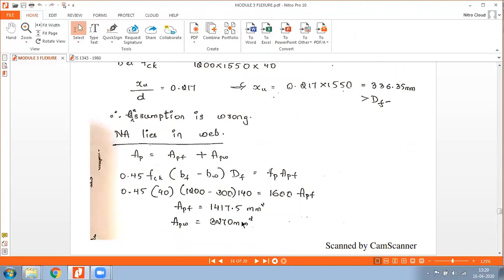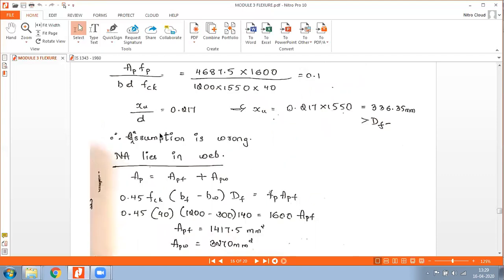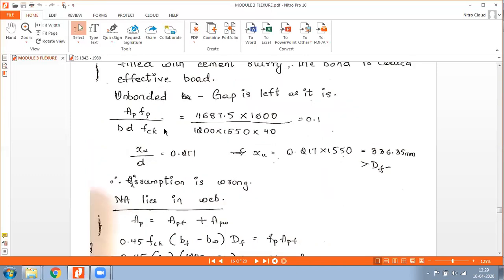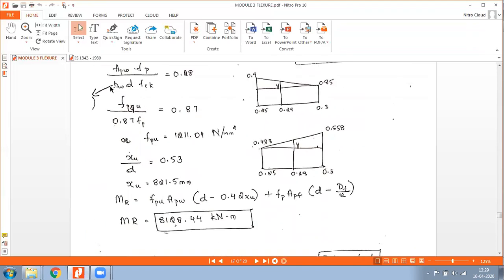Yes, again we need to calculate the new effective reinforcement ratio, that is Apw Fp divided by breadth of web into d into fck. Now here the breadth of web we need to substitute, that is 150 mm plus 150 mm, means we need to substitute breadth of web as 300 mm.